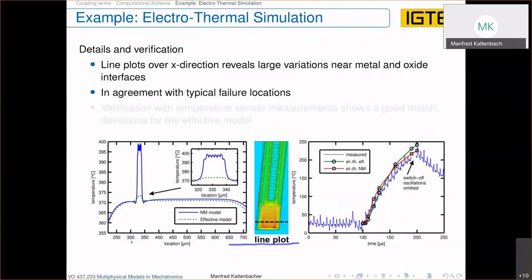Yeah, what we also can see here, this is now a line plot. And this is now along this line here, and clearly with the non-matching grid simulation, we get here all the details out, and it is clearly not possible with our conforming grid simulations.